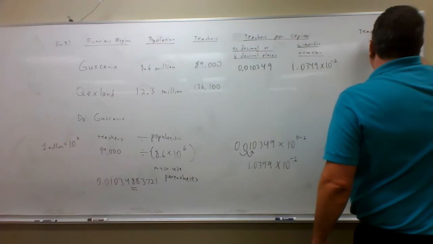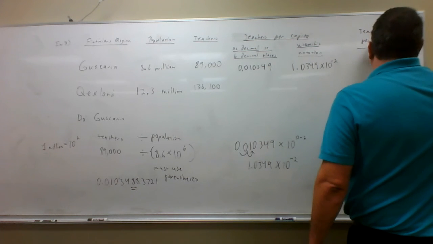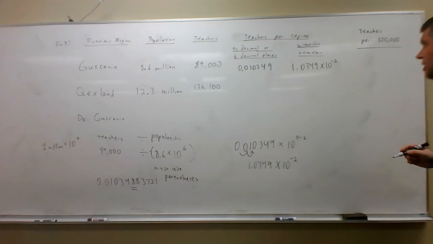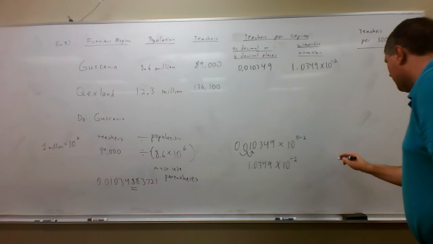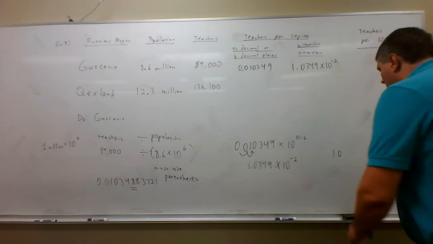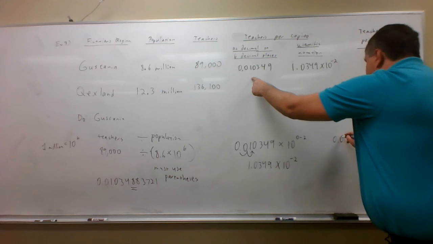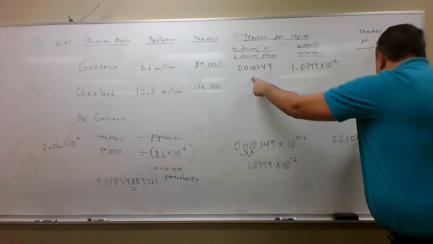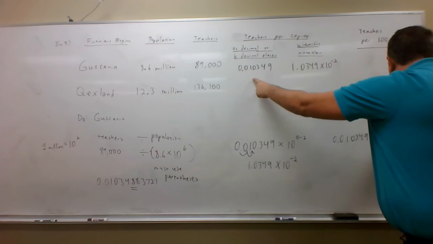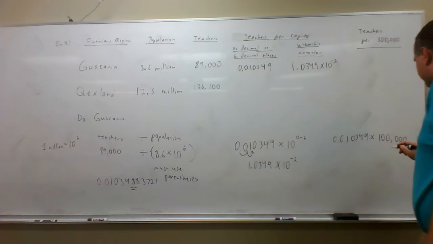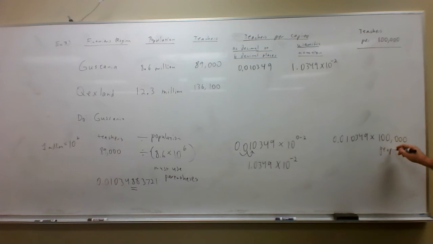Teachers per 100,000 people. I'm going to take this number, either one of these numbers. I could either take 0.010349 times 100,000 people, or I could use the scientific notation.